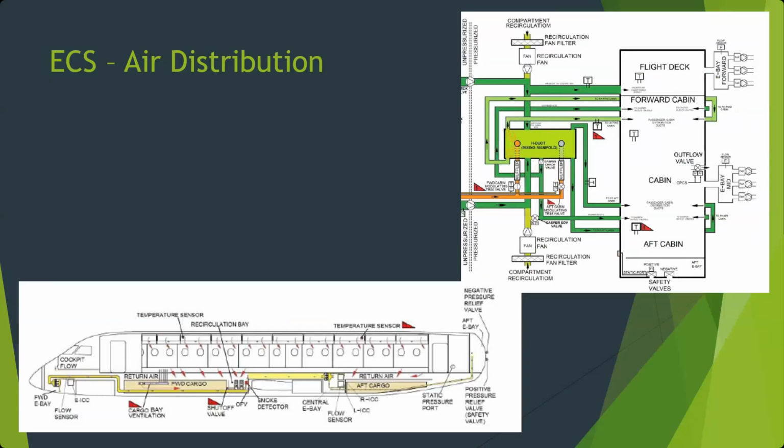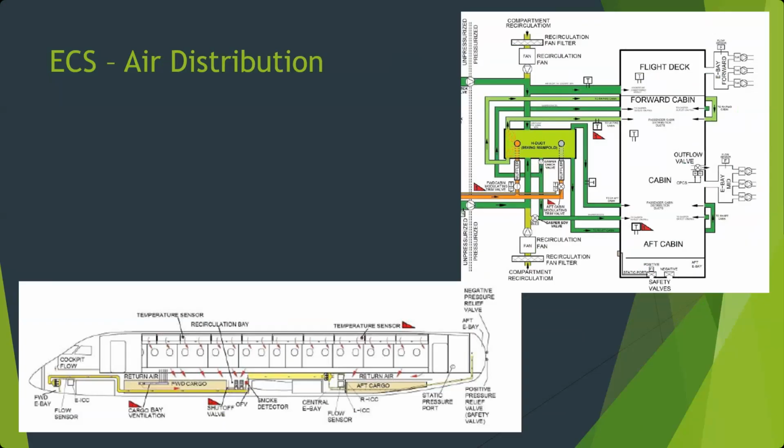Okay. So this I just have because it's got a good area, it's showing the air going to the forward and aft cargo, underfloor cargo areas, being routed to the avionics bays or electrical and equipment bays underneath the floor. Okay. Recirculation bay, here's where air is pulled in by the recirculation fan right here, and then sent to the manifold.